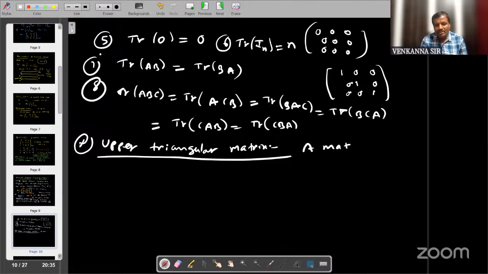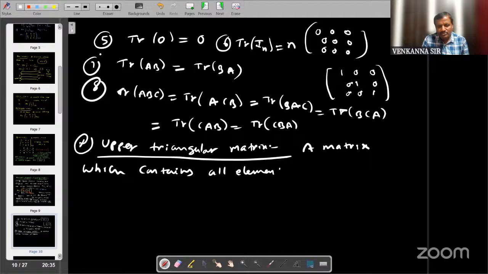Upper triangular matrix: a matrix which contains all elements below the principal diagonal as zeros.